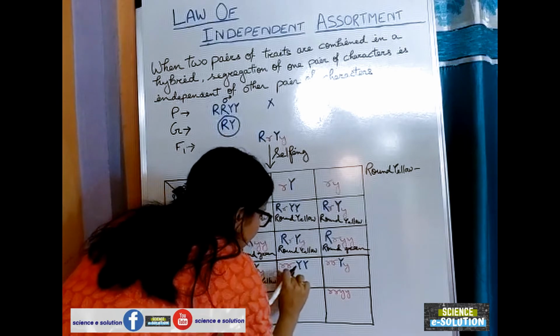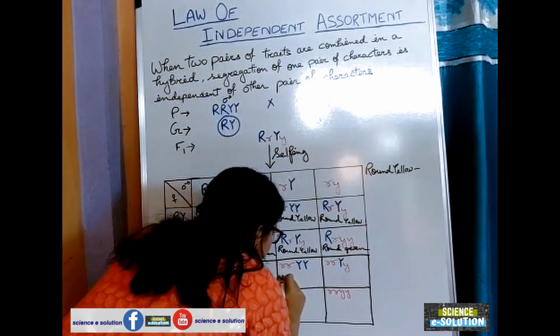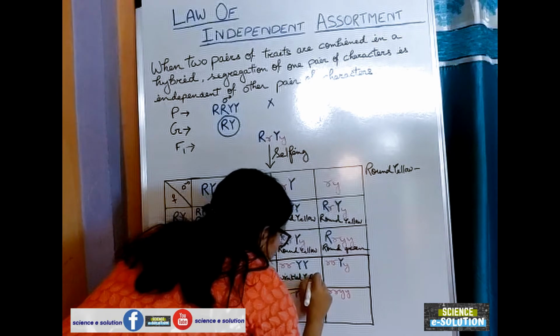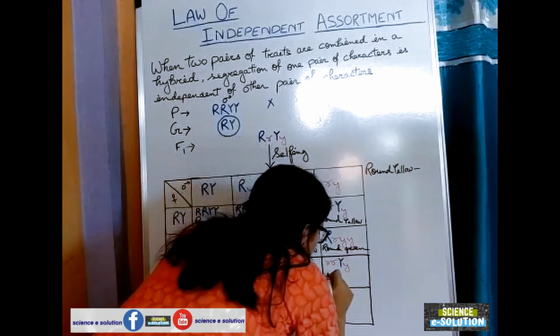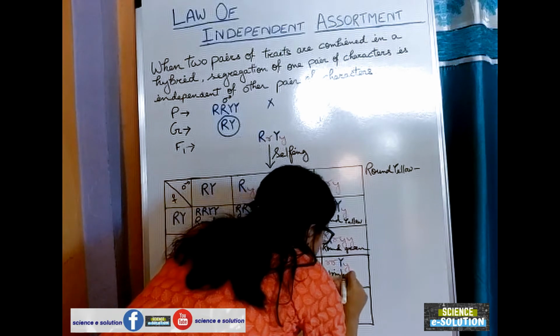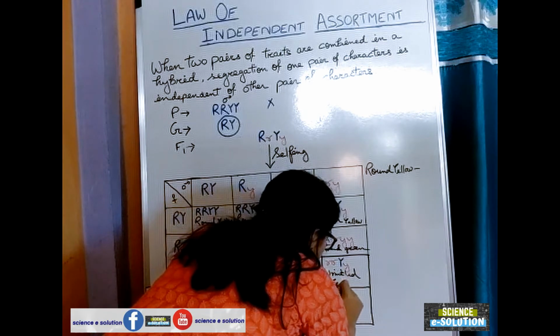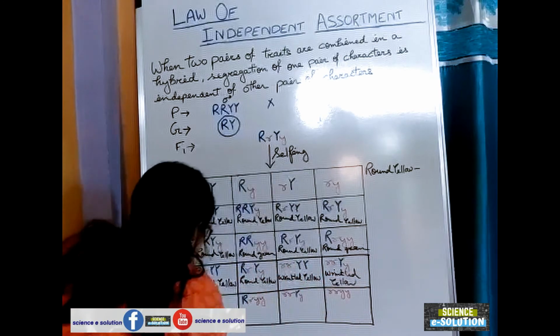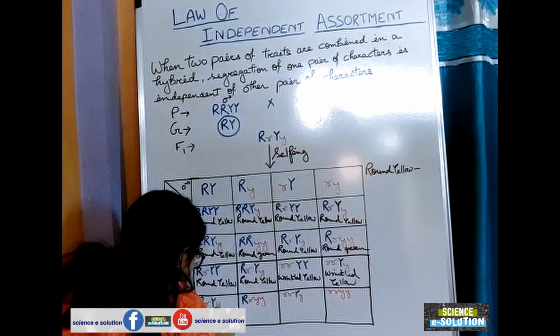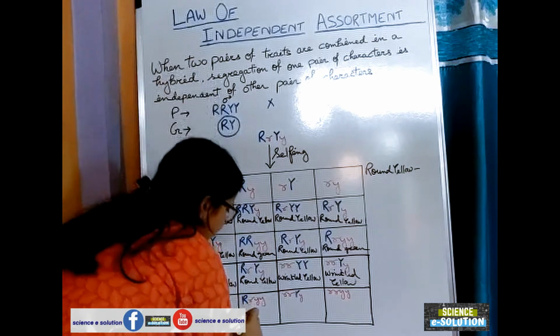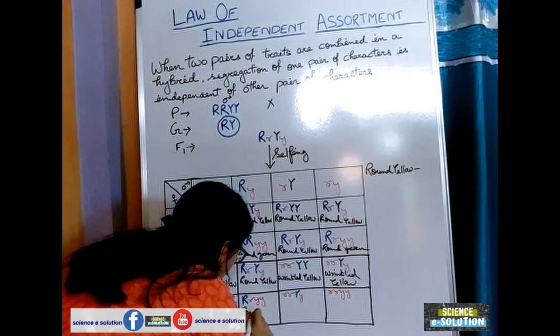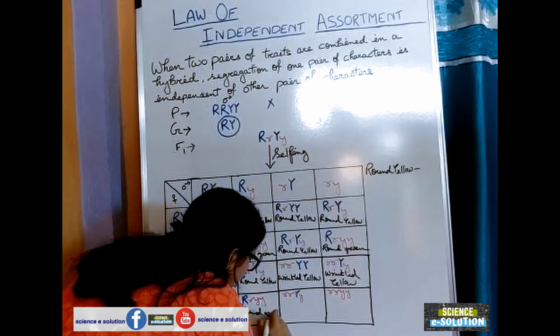This is wrinkled yellow. This is wrinkled yellow. This one is round yellow. Now this one is also round but green.